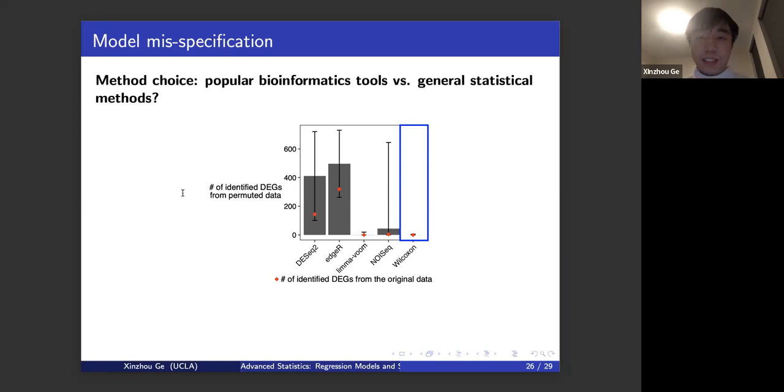And those assumptions can be violated in real data analysis. However, there are some statistical methods which do not need such assumptions.